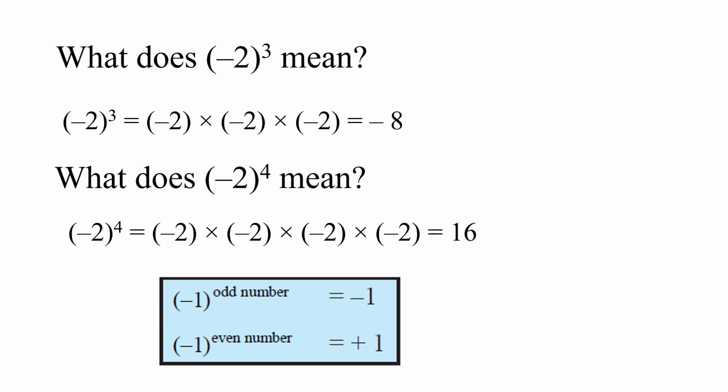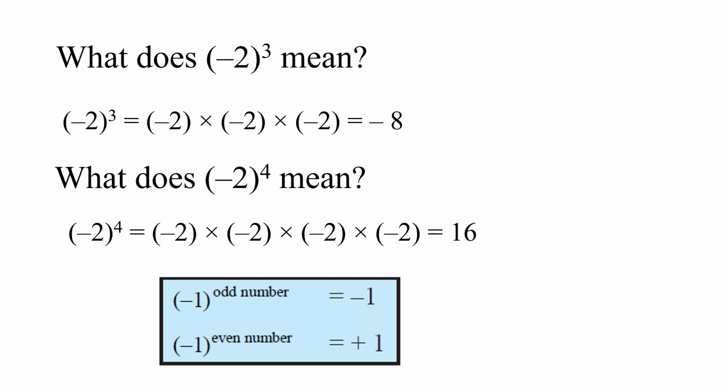Similarly, minus 1 to the power of an even number is plus 1. So, if we apply this condition to minus 2 to the power of 4, we will get plus 16. So, remember this: minus 1 to the power of an odd number is always minus 1.